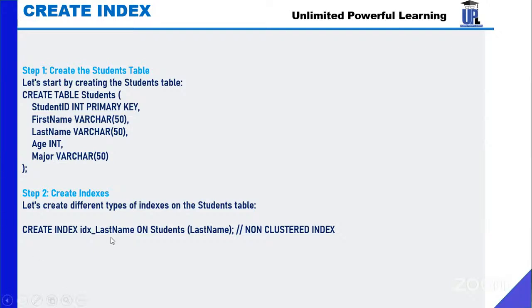How do you create indexes? Assume that this is the original table. If you want to create an index on the last name, that means last name is frequently used. So instead of a sequential search, it is better to make an index. When you create an index on last name, if they fetch by last name, it will be accessed directly. So create index last name on students and last name.